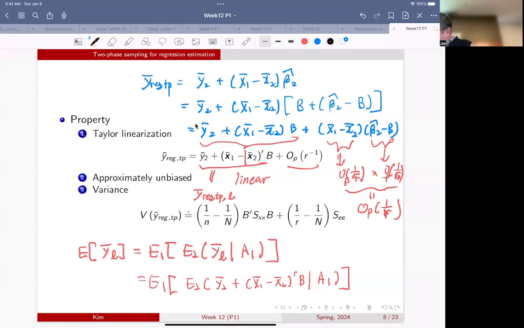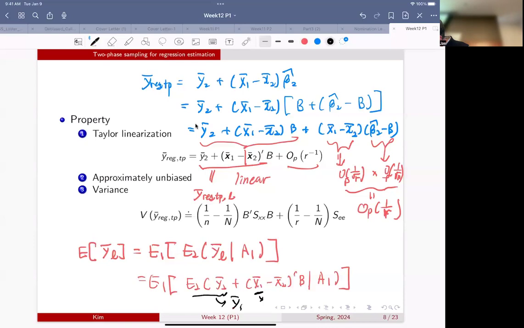The expectation of this term will be y bar 1. The expectation of this term is just a constant, fixed, not random conditionally.